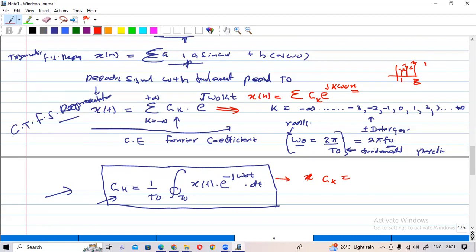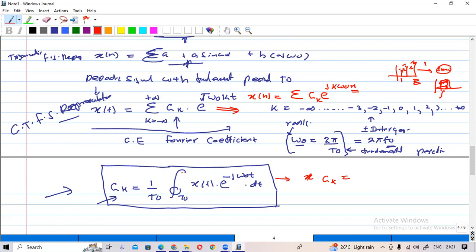You can just add them together, 1, 2, 3, and get the sum. But if it is a continuous signal like this, and you want to add the points from here to here, you can't simply add them because there are an infinite number of points. So here you need to do the integration. That is why, actually, here also we are adding those signals together.